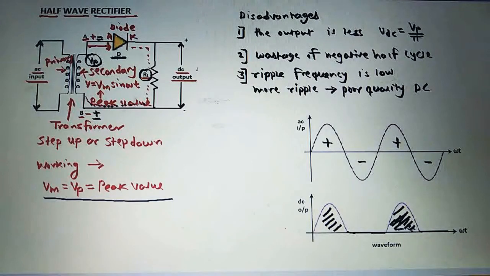So the third disadvantage is as the ripple frequency is low here, because of that there is more ripple and that results in the poor quality of DC. So these are the disadvantages of half wave rectifier.